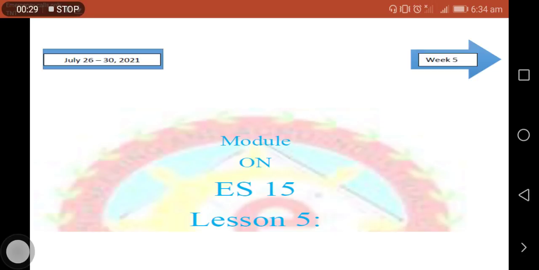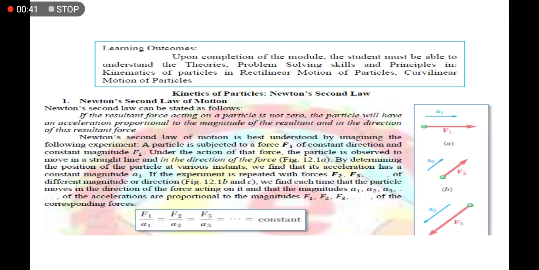This topic is allotted for only 1 week, starting from July 26 until 30. So we have here week 5: dynamics of rigid bodies once again, and our specific topic for these instructional materials would be kinetics of particles, or Newton's second law of motion.